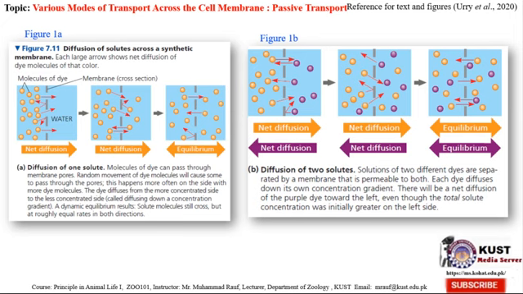So there is a simple rule of diffusion. In the absence of any other forces, a substance will diffuse from where it is more concentrated to an area where it is less concentrated.